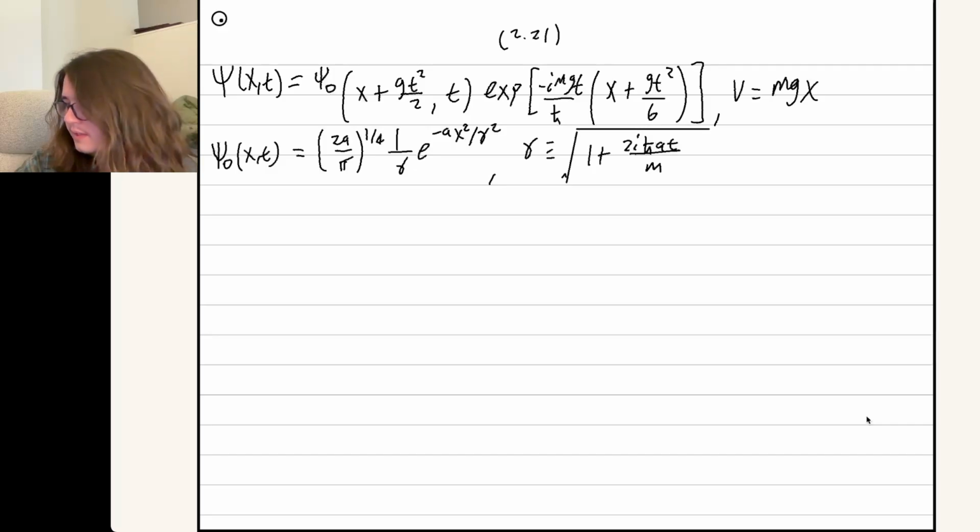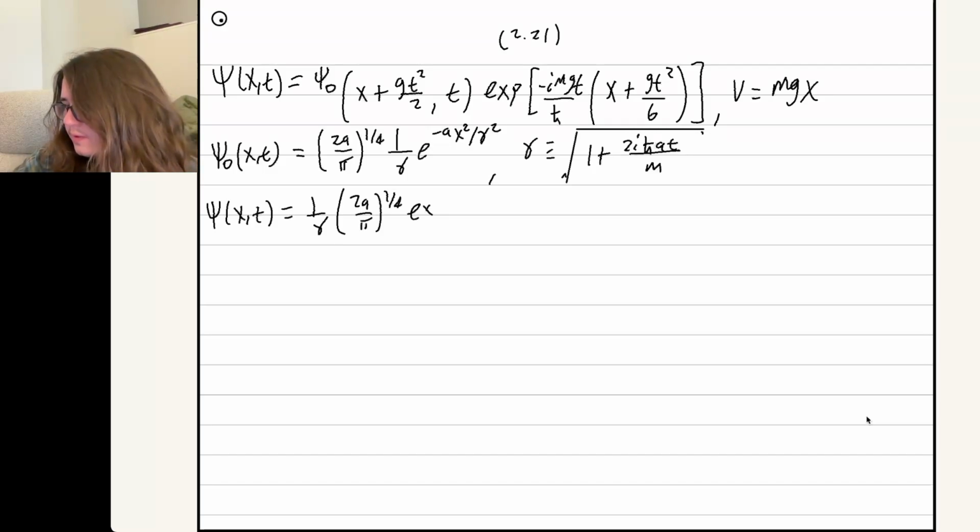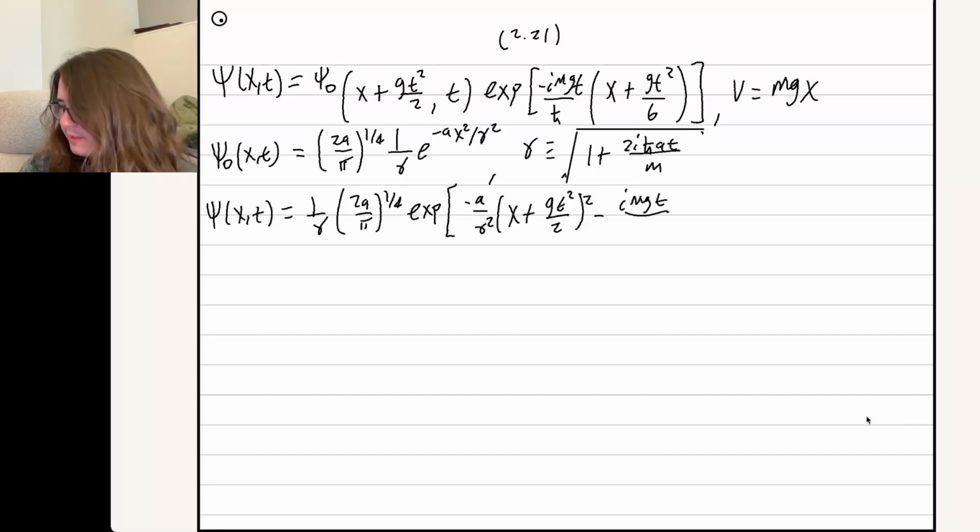So let's write our wave function in terms of that stuff then, and collect all of the exponents under one bracket. So we have 1 over gamma, (2a over pi) to the 1/4, times the exponent. We've got the stuff coming from psi 0, which is minus a over gamma squared, (x plus gt squared over 2) all squared, and then the stuff coming from the time-dependent exponent here, gt squared over 6.